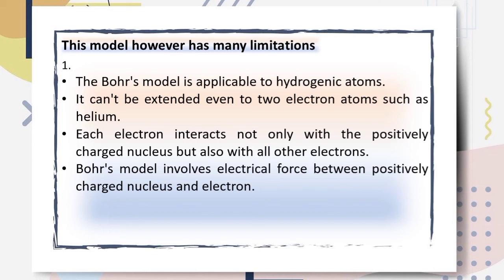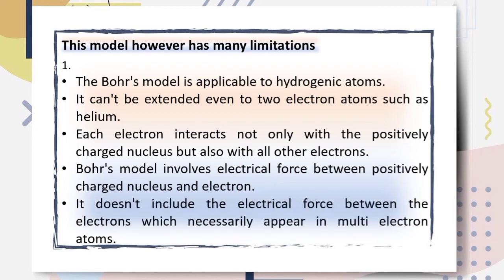Niels Bohr's model involves the electrical force between the positively charged nucleus and the electron, but it doesn't include the electrical force between the electrons, which necessarily appears in multi-electron atoms.